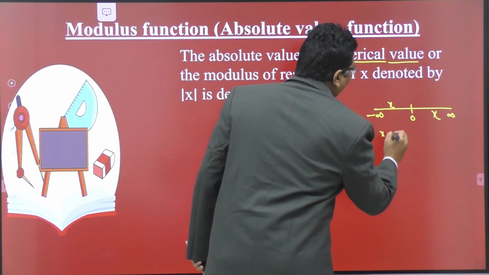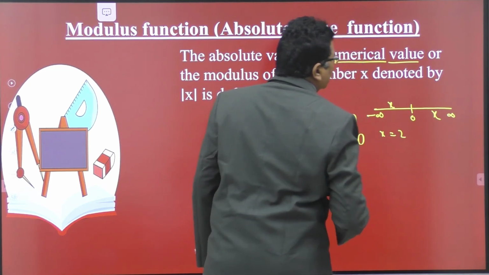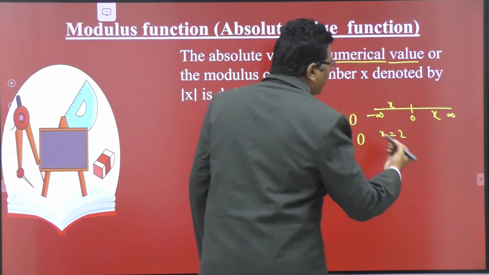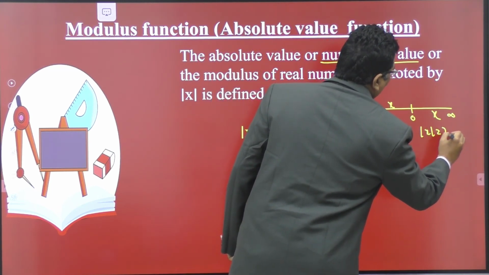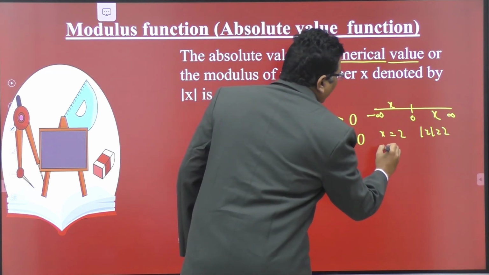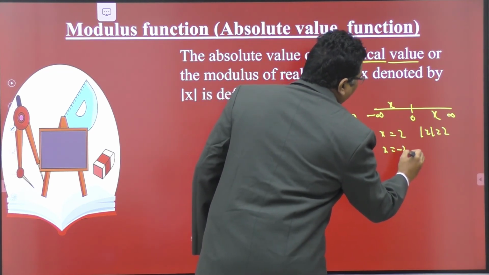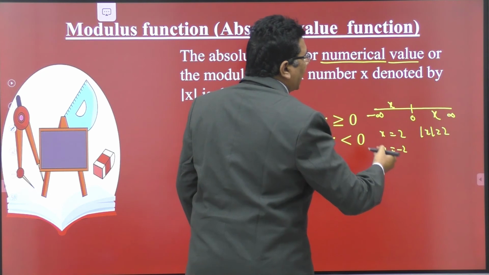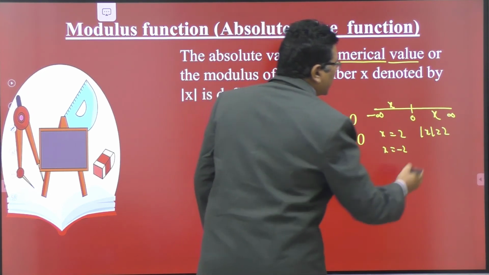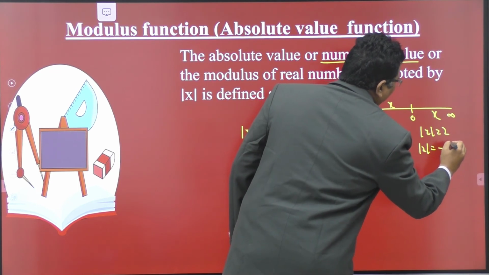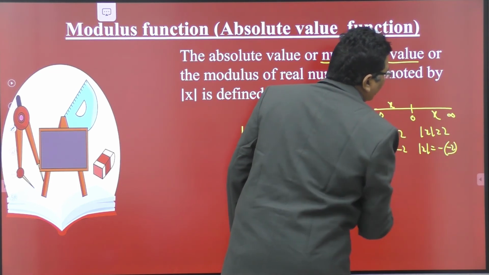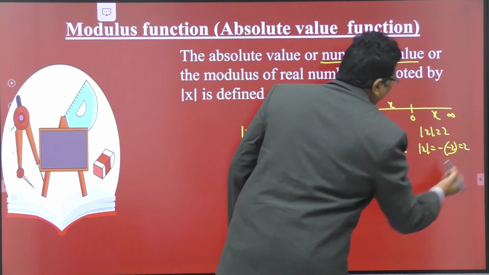See one example. Suppose x is equal to 2. This lies on the right side of 0, so mod x is equal to 2. If x is equal to minus 2, minus 2 lies on the left side of 0. In this case, mod x is equal to minus of minus 2, that is equal to 2.